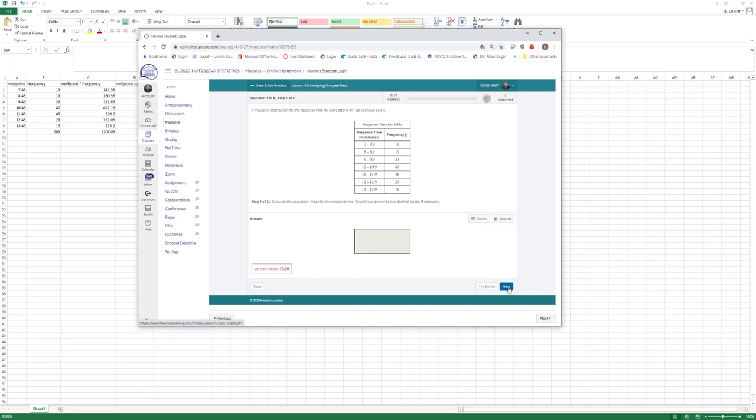Alright, now we're going to go to the next step that asks for the population variance. It's very, very important that we understand the difference between the variance and the standard deviation and a population or a sample, because we have to use different formulas for all of those.